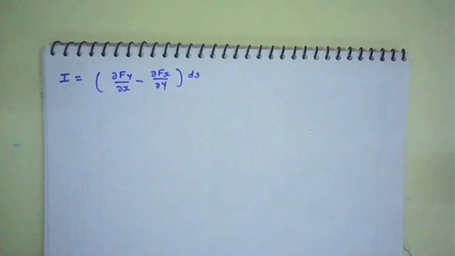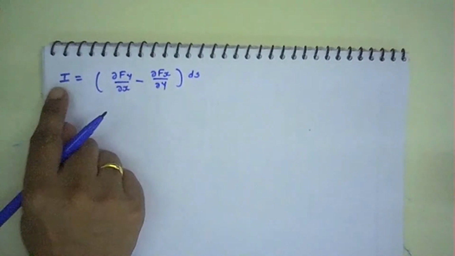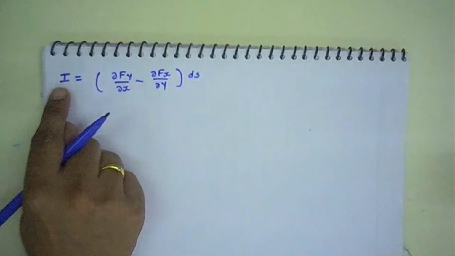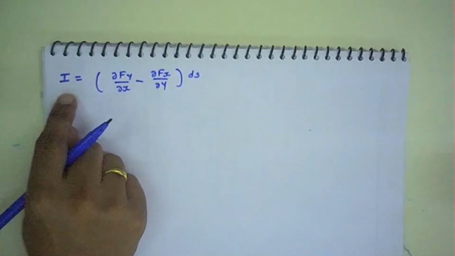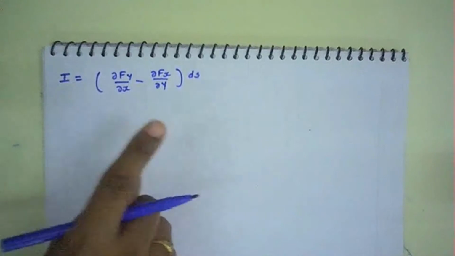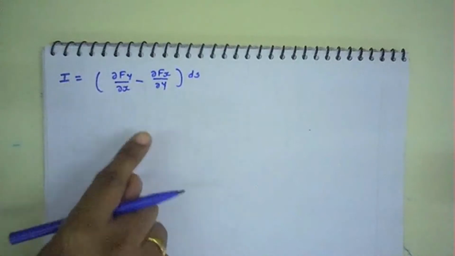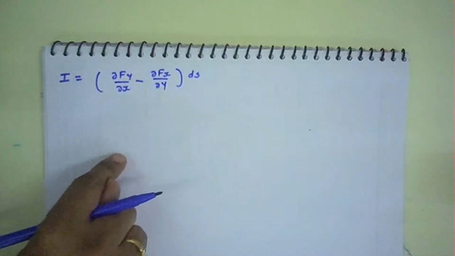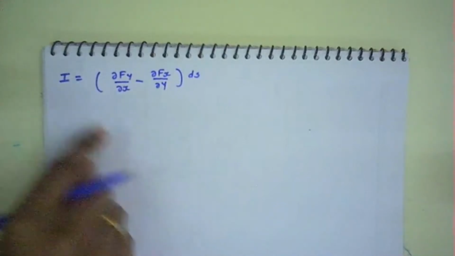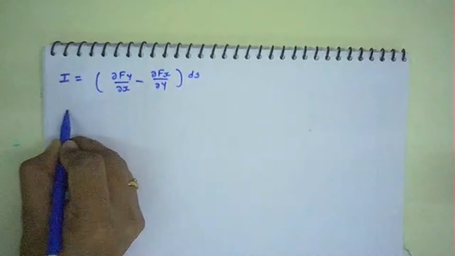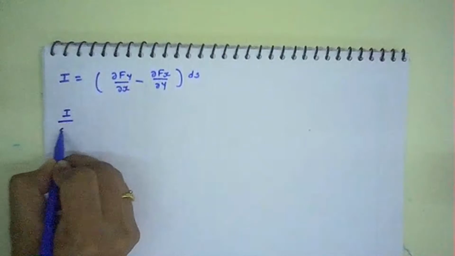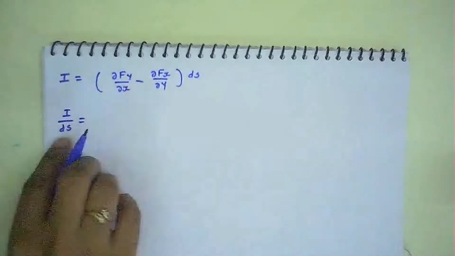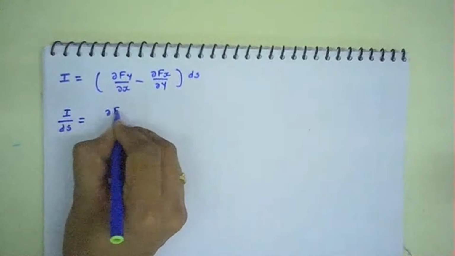Here we are considering I because we are considering the integral form of Ampere's circuital law. In the integral form, the total line integral of the vector field H is equal to the current passing through that surface. Now further simplifying, the current over the differential surface.